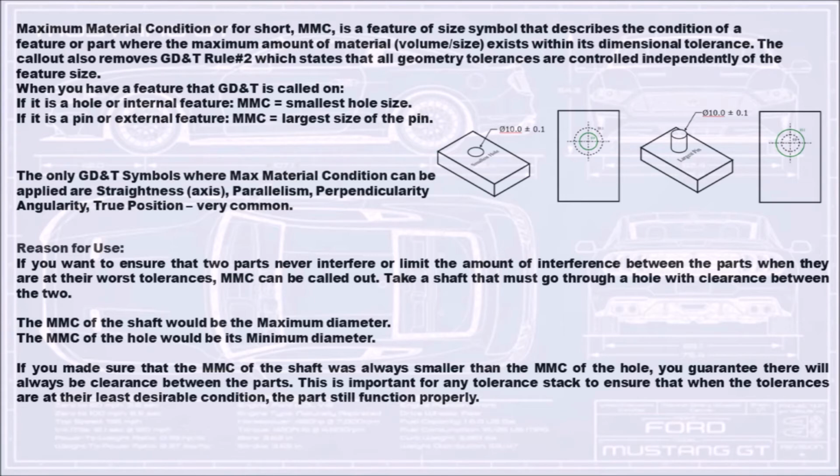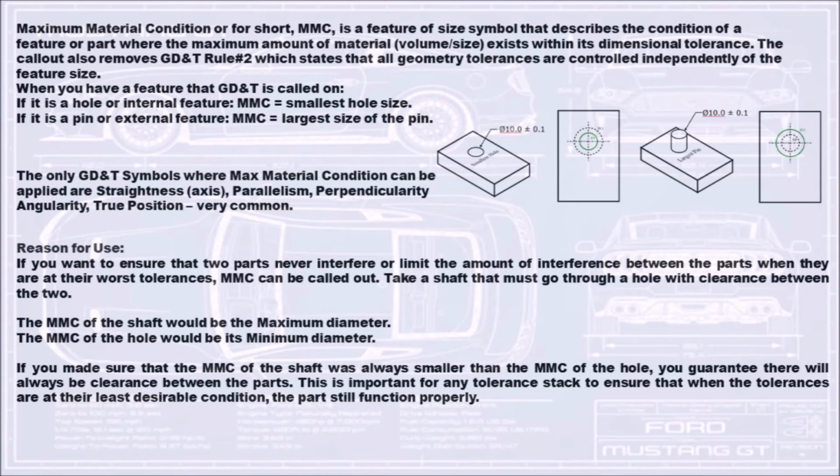When you have a feature that GD&T is called on, if it is a hole or internal feature, MMC equals smallest hole size. If it is a pin or external feature, MMC equals largest size of the pin. The only GD&T symbols where max material condition can be applied are straightness, axis, parallelism, perpendicularity, angularity, and true position. Very common.